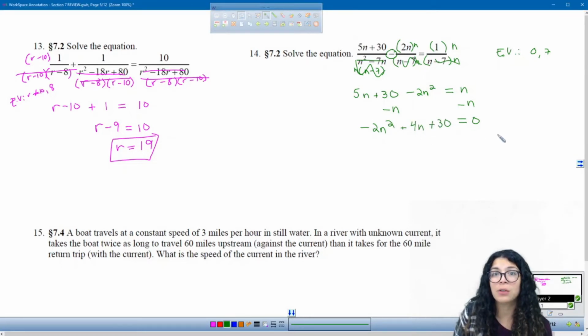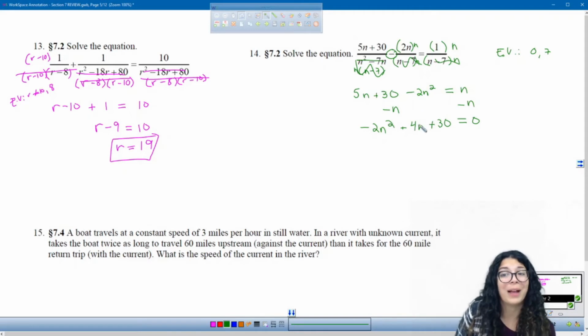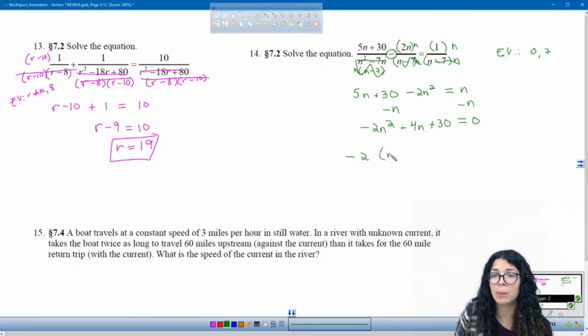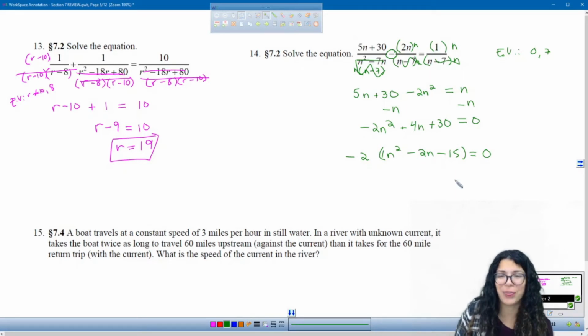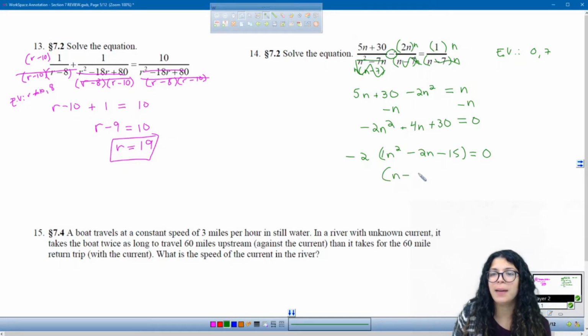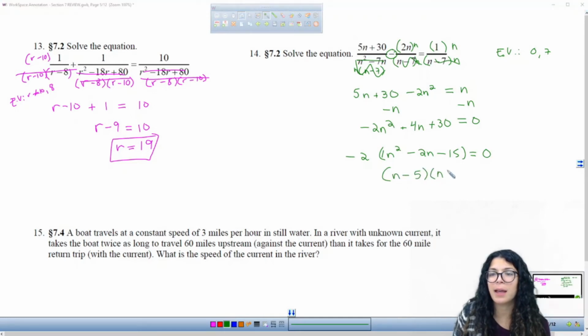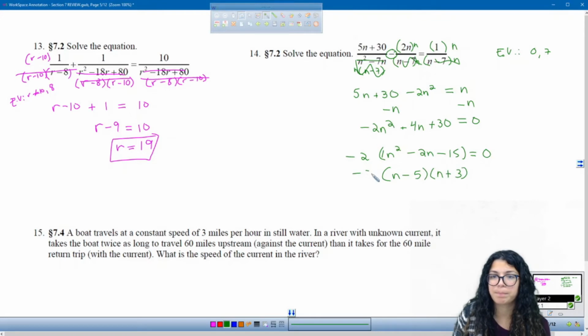We can try to factor this to go ahead and solve it. We can factor out negative 2 from every single term, which gives us n squared minus 2n minus 15. Then the coefficient is 1, multiplies to negative 15, adds to negative 2, would be negative 5 and 3. So this would factor into n minus 5 times n plus 3.